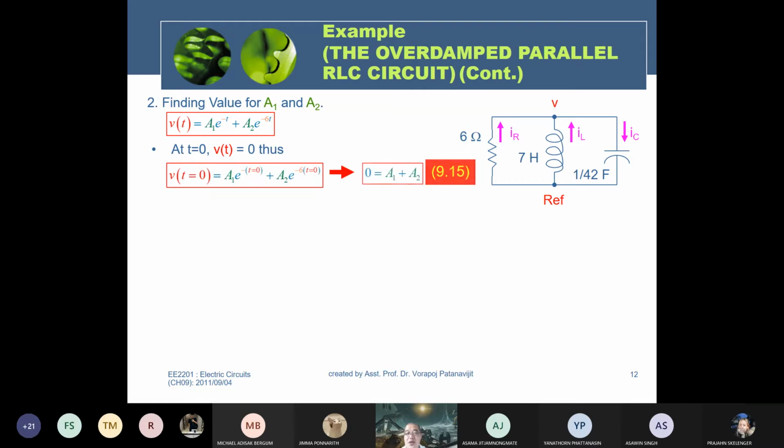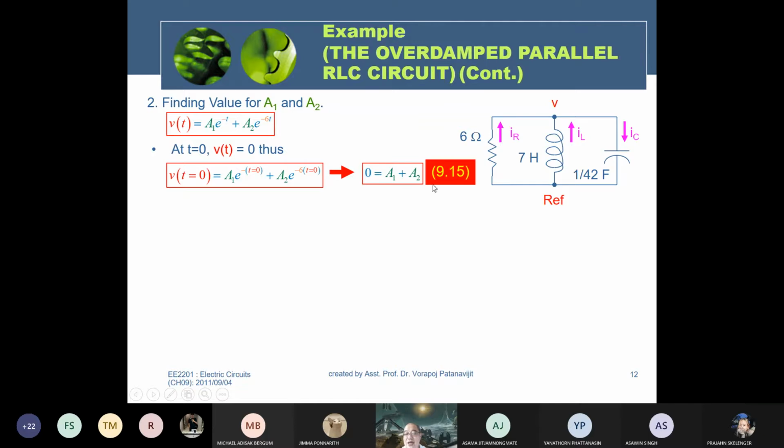At time 0, V equals 0. Therefore, substitute every t to be 0. Anything to the power 0 gives you 1. Therefore, 0 equals A1 plus A2.